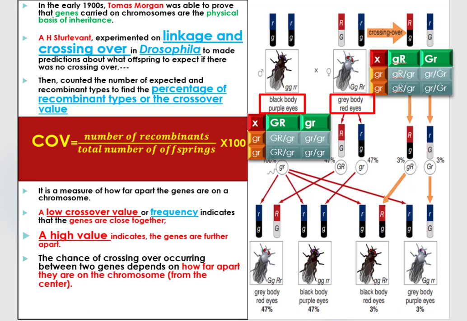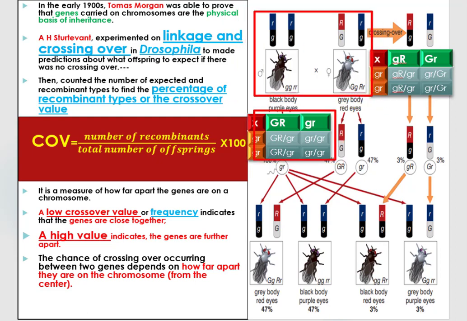That means alleles for gray body and alleles for red eyes are linked, and alleles for black body and alleles for purple eyes are linked. But due to crossing over or recombinant formation in meiosis 1 at prophase 1, allele capital G for gray body, which was linked with allele capital R for eye color, goes with small r that determines purple eye color.